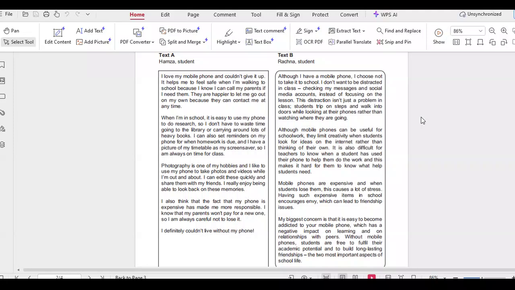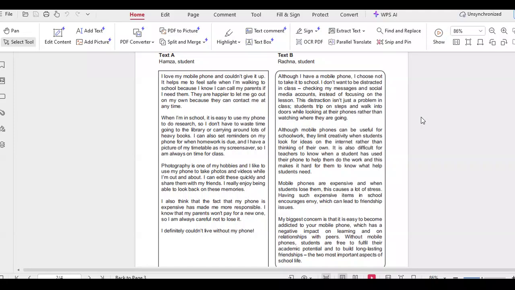If we talk about the final opinion, it seems that Hamza strongly believes that he cannot live without his mobile phone because it is very useful for him for safety, for his studies, for his hobbies, and to make him responsible. So, in simple words, the ideas that have been represented: number one, mobile phones make the students feel safe.